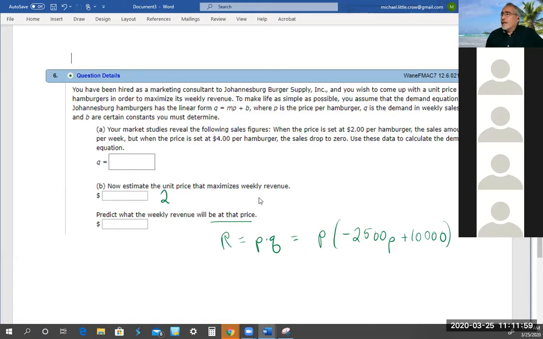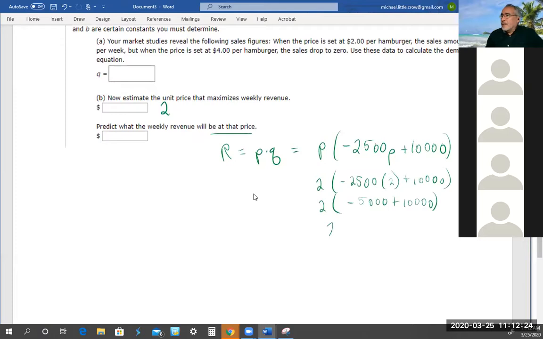We plug in 2 for each of these. Minus 2,500 times 2 is minus 5,000 plus 10,000. So you get 2 times 5,000, which we knew. So $2 times 5,000 burgers, or what are we selling? Burgers? I even forgot what we're selling. So our revenue is going to be $10,000.